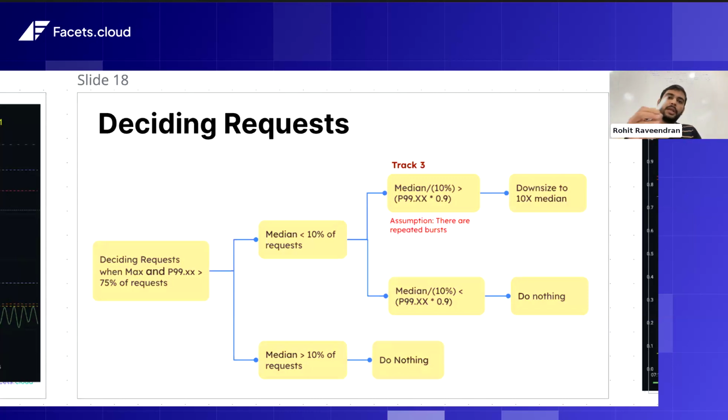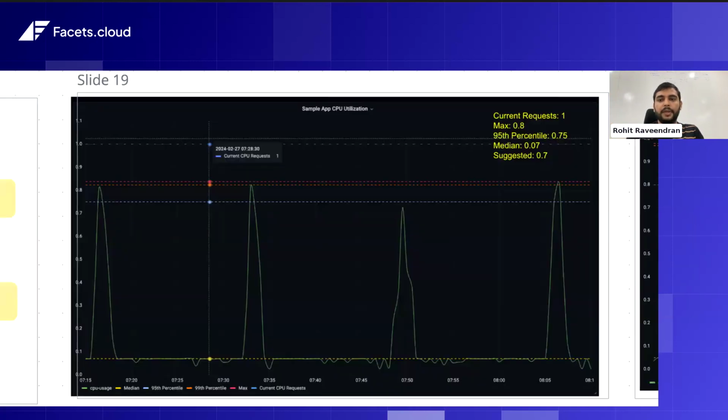Whatever request number we calculate, we compare it against the percentile number and see if it is within an acceptable range of that percentile number. So for example, in this particular case, the median is 0.07. The max value is 0.8.